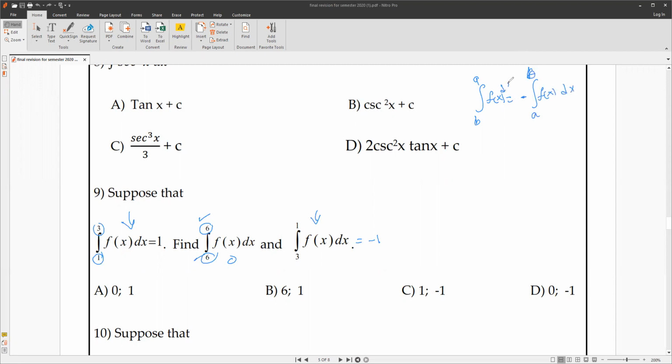If you switch the upper limit with the lower limit, the value of the integration will be negative the integration before switching. It will be d. Okay.